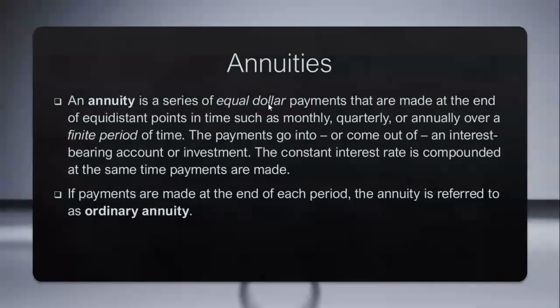The payments are made monthly, quarterly, annually, or weekly, depending on the payment schedule, over a finite period of time, meaning 5 years, 10 years, 15 years, and so on. The payments go in or come out of an interest-bearing account or investment, and the constant interest rate is compounded at the same time payments are made.